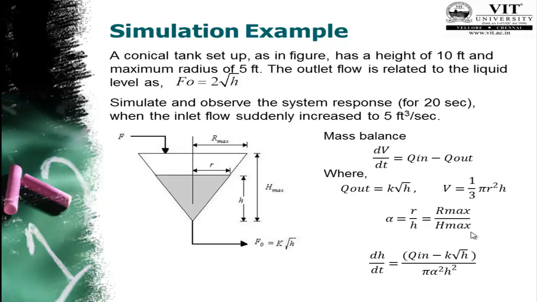Finally, the ODE model for this nonlinear process is dh by dt is qin minus k root h divided by pi alpha square h square.